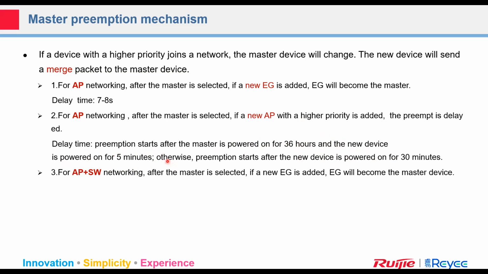So it will start after the device is powered on for 30 minutes. For AP and switch networking, after a master is selected, when a new EG joins, this new EG becomes the master device.